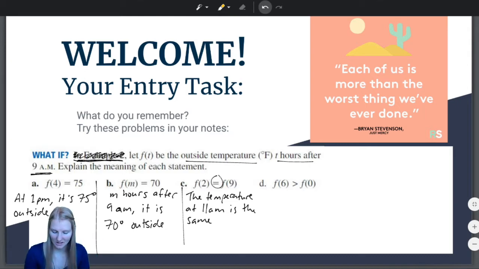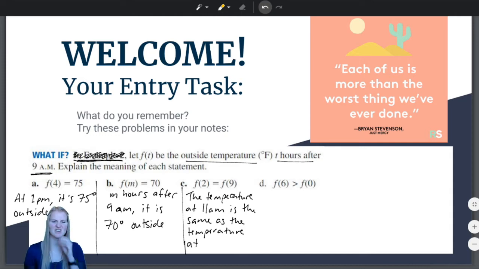Equal means is the same as the temperature at, what is 9 hours after 9 a.m.? 10, 11, 12, 1, 2, 3, 4, 5, 6, 7. Wait, 6. 6 p.m. At 6 p.m. The temperature at 11 a.m. is the same as the temperature at 6 p.m.